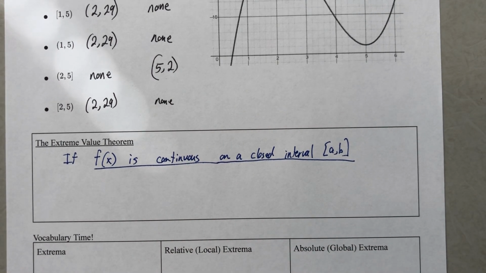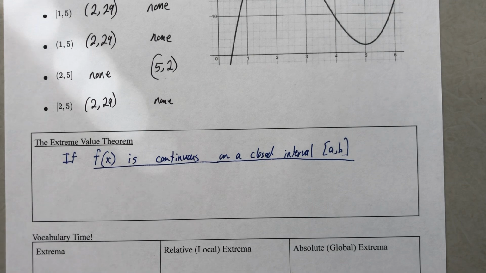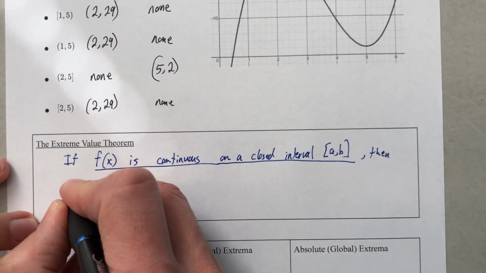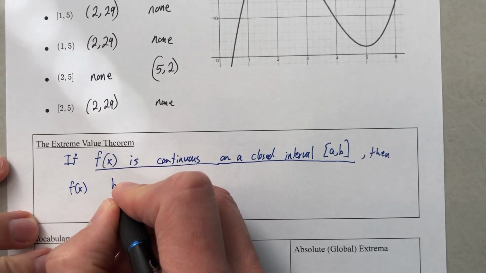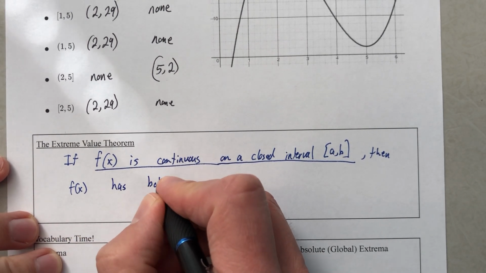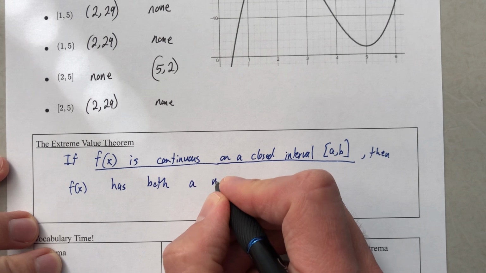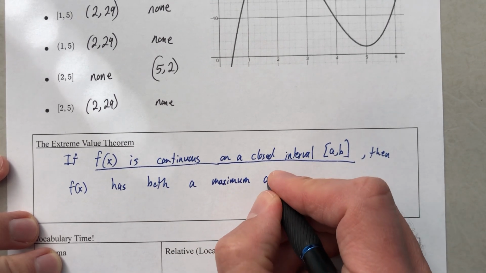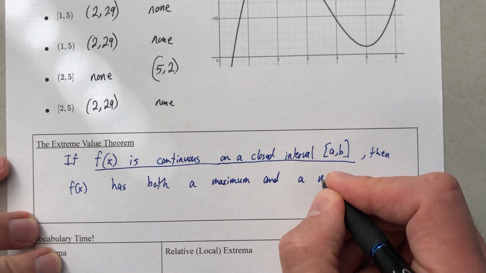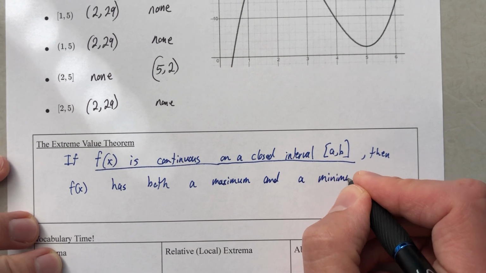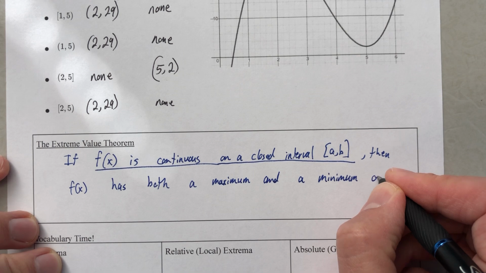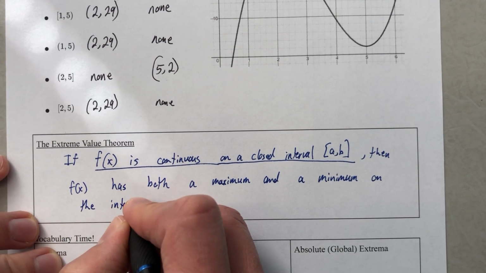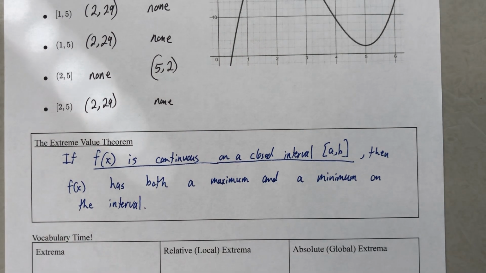This one is just continuity, that's it. Then the function f has both a maximum, abbreviate that if you like, just call it max, and a minimum on the interval.